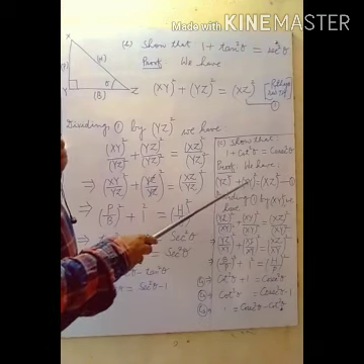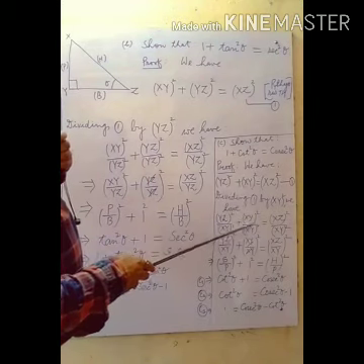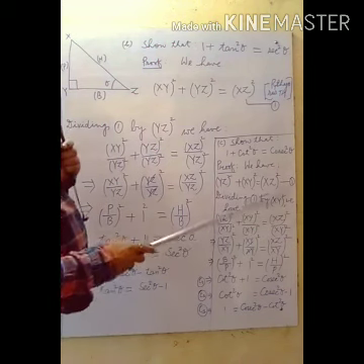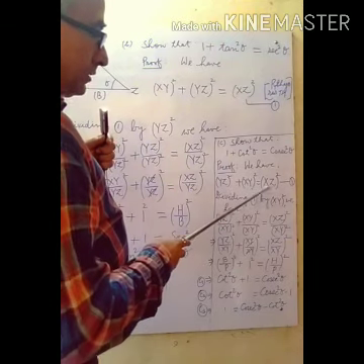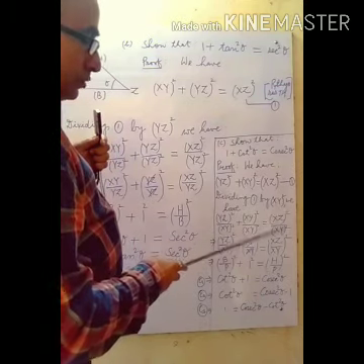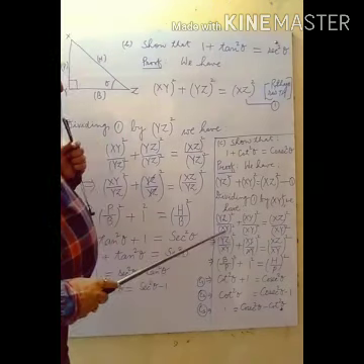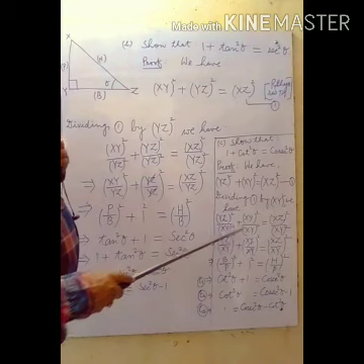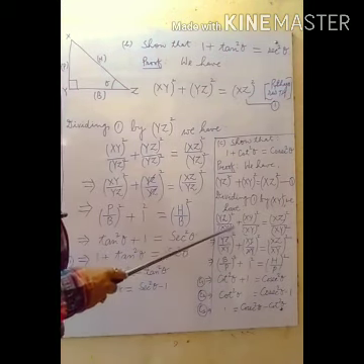Again the second one is xy whole square, and it is also divided by xy whole square. Third, the equal mark is noted down as equal mark. Then xz whole square, and this will also be divided by xy whole square. Both left hand side and right hand side are divided by xy whole square.